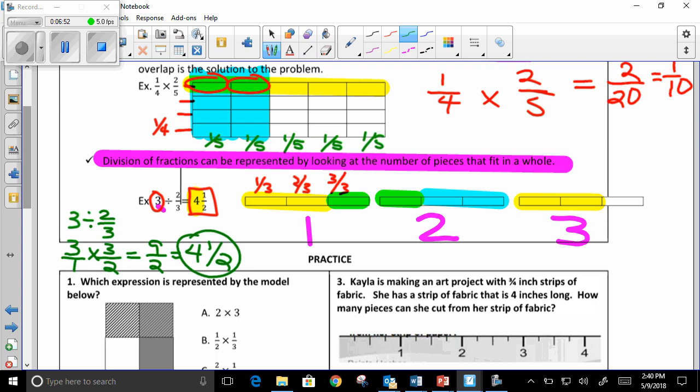See? So what exactly is that saying? I'm taking 3 pies and I'm going to divide them all into thirds. And each person gets 2/3 of the pie. How many people can get 2/3? 4.5 people.